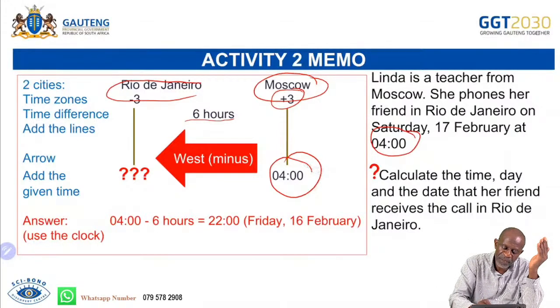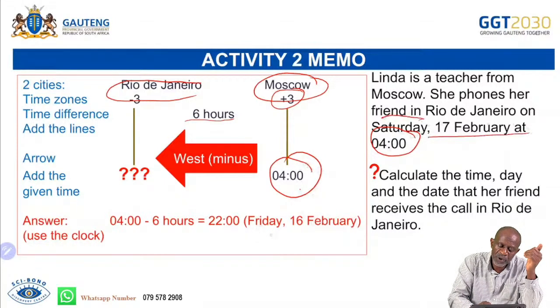And remember that here we are talking of Saturday, the 17th of February. As we go backward, we reach the 00 hour, which is our midnight, and then Rio de Janeiro will fall into the previous day because they haven't seen the midnight as yet.